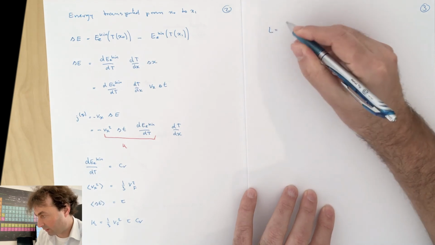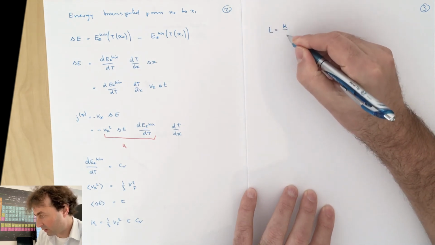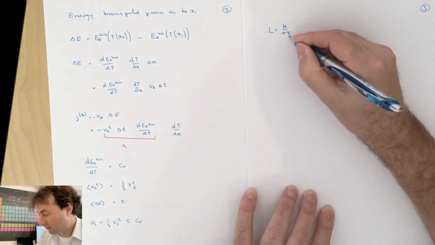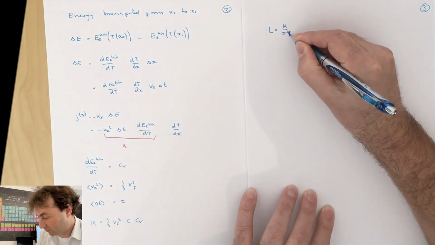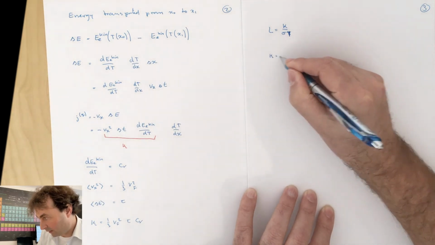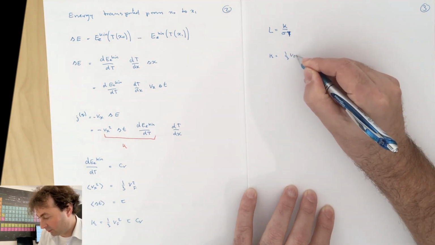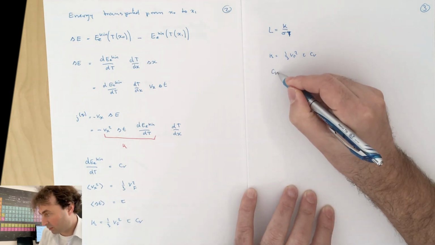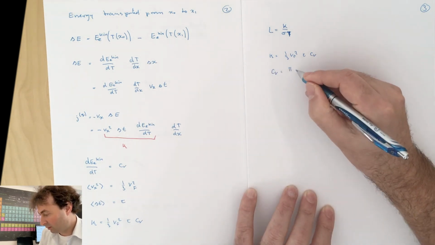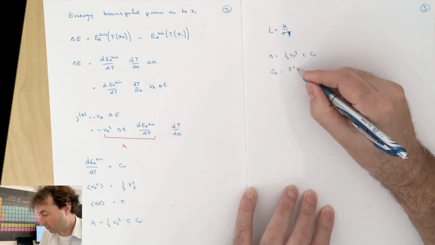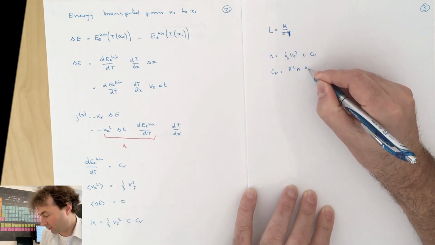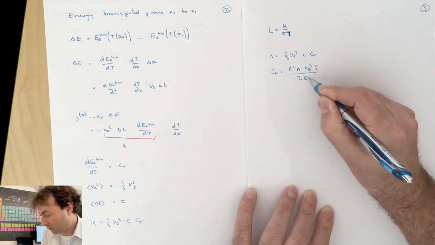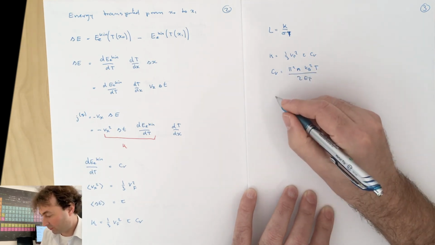So we now can calculate what the Lorentz number is, kappa divided by sigma T, with kappa equal to 1/3 Vf squared tau Cv, the specific heat from one of our previous videos, n k Boltzmann squared T divided by 2 EF for the free electron gas.